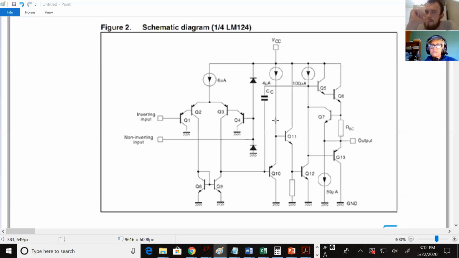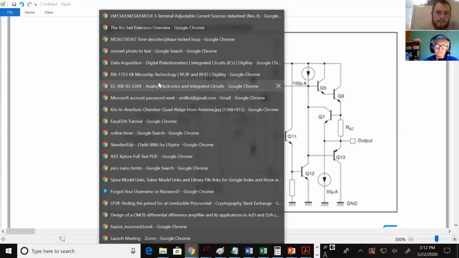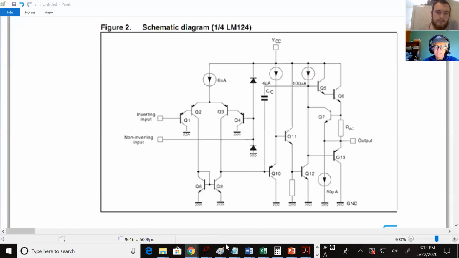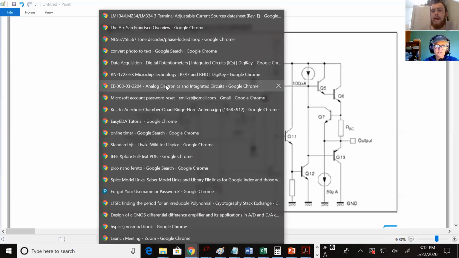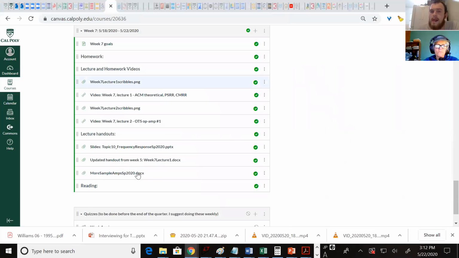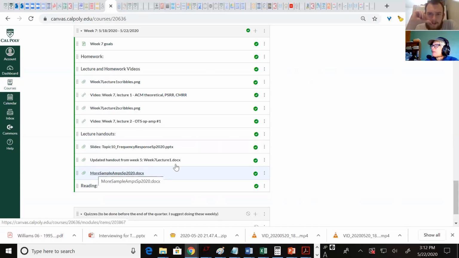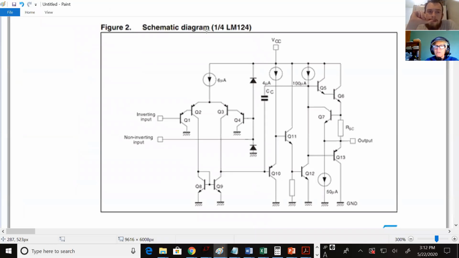Okay, so what I'd like to do is just let you loose on this second amplifier. To find this, in week 7, there's this more sample amps. So it's that same document we looked at on Wednesday. And the second amplifier, the last handout in week 7, is this one, figure 2 schematic diagram of the LM124.